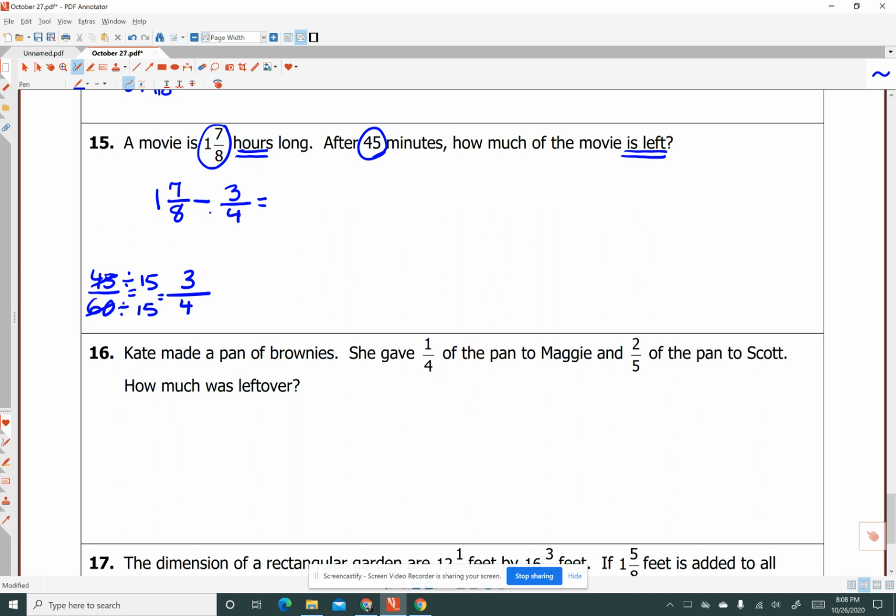So let's turn the mixed number here into an improper fraction. 8 times 1 is 8, plus 7 more is 15/8. And 4 times 2 is 8, 3 times 2 is 6. So we have 15/8 minus 6/8, which is 9/8 of an hour. But that's an improper fraction. Let's turn it into a mixed number. So that would be 1 1/8 of an hour.